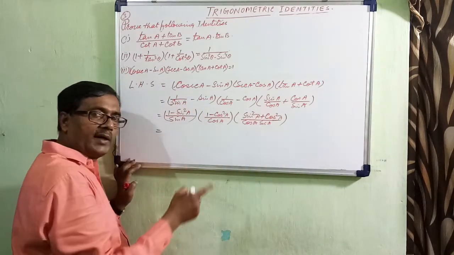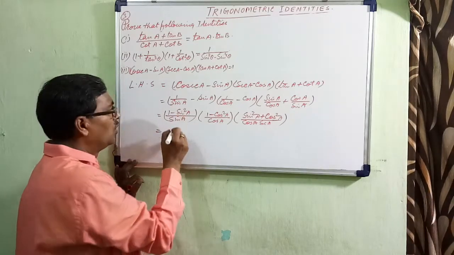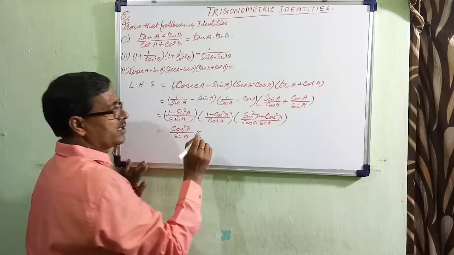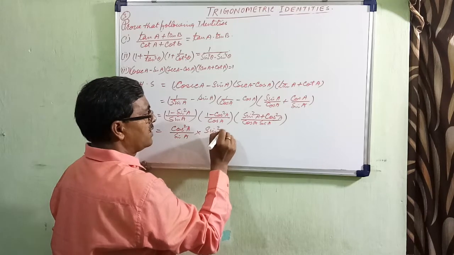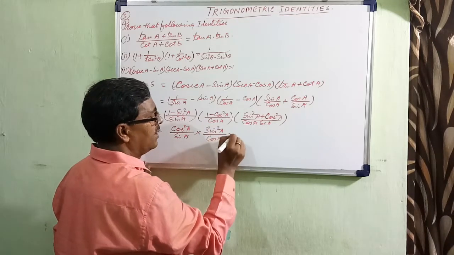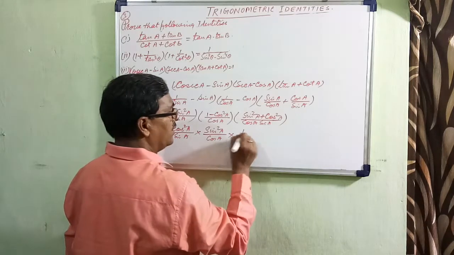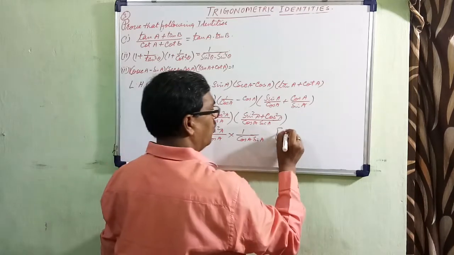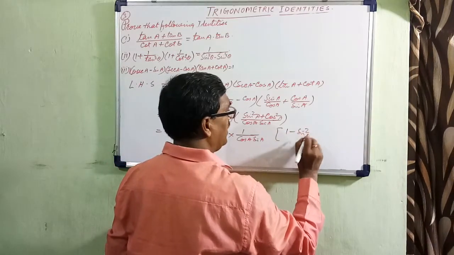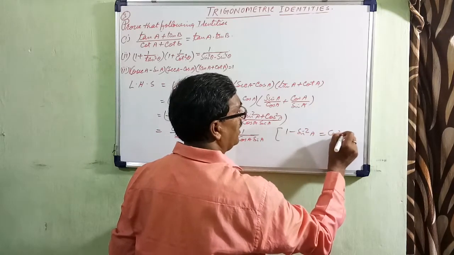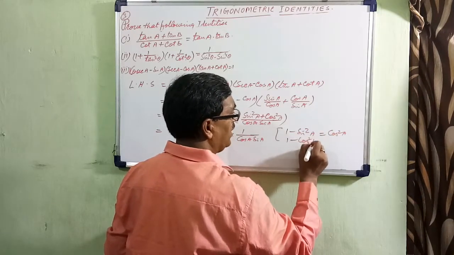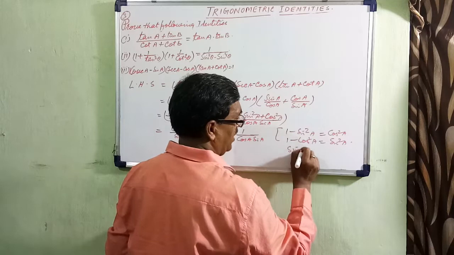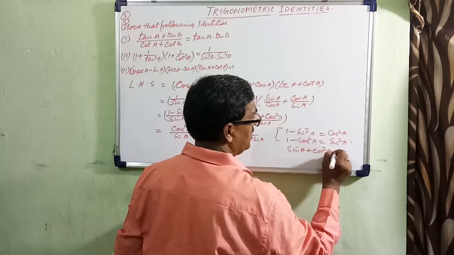Now everywhere we got identities. 1 minus sine square A is equal to cos square A, 1 minus cos square A is equal to sine square A, and sine square A plus cos square A is equal to 1.